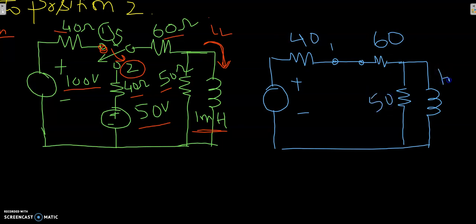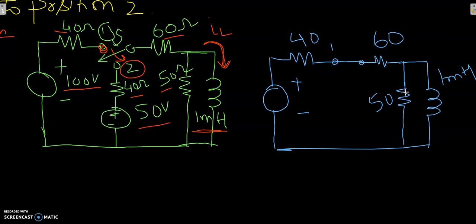The important thing to note here is that since the switch is in position 1 for a long time, the circuit is in steady state. That means the current flowing in the circuit would be a constant current. If that is the case, the inductor would behave as a short circuit.